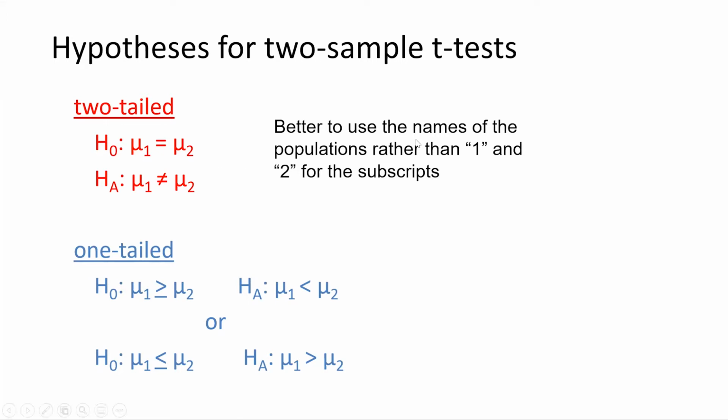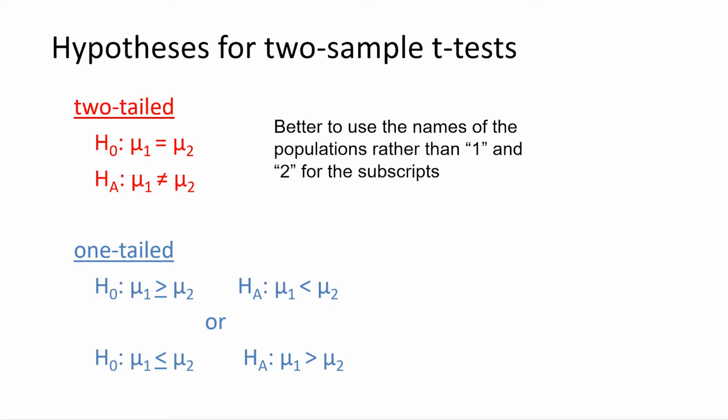Generally, I recommend that you use names of the populations, a little bit more descriptive, rather than 1 or 2 for subscripts, because it's a lot easier for you and for me to read and to understand what's going on. And actually, that's another really good note, I think, about the exam and things you turn in in general. The more specific your answers are, the less guessing I have to do. You don't want me to guess.